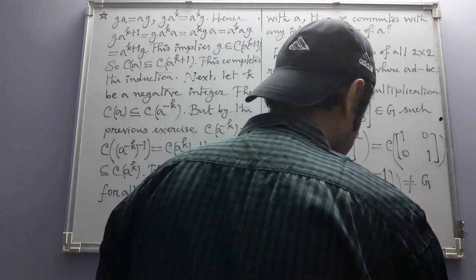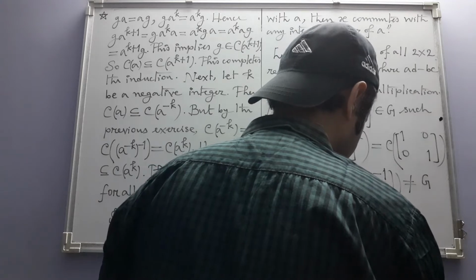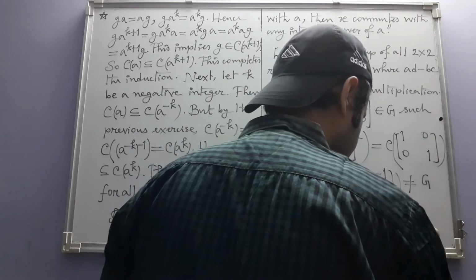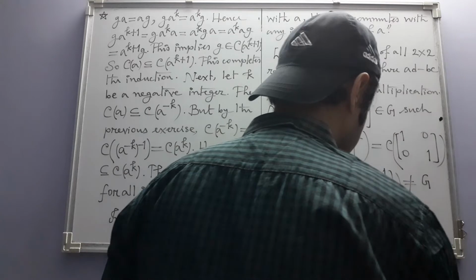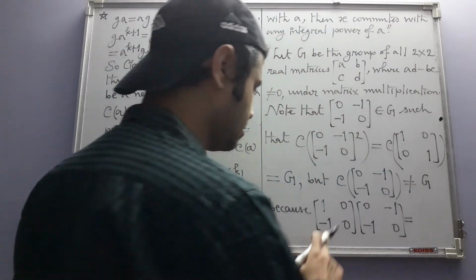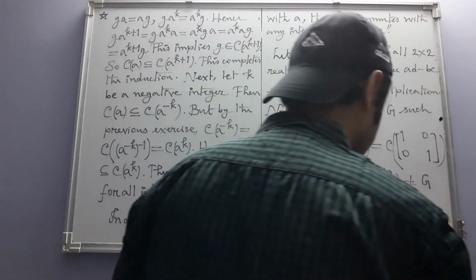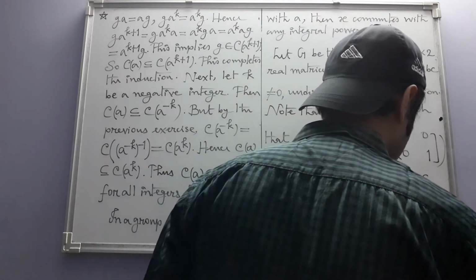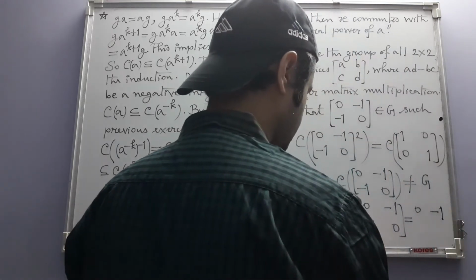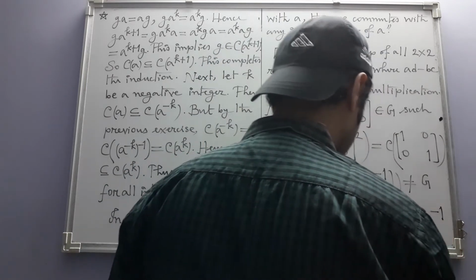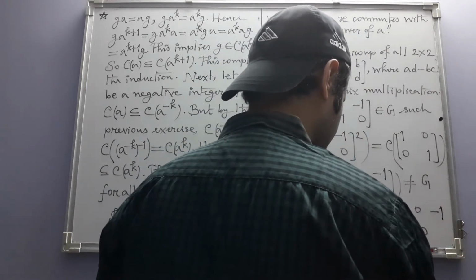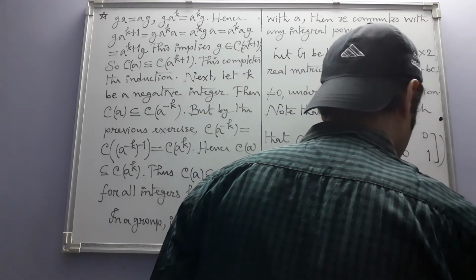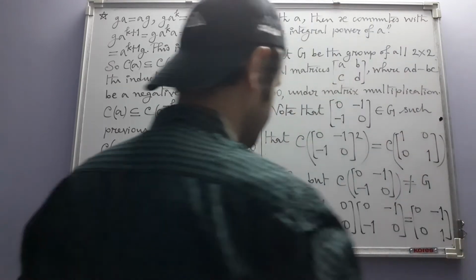Let's actually calculate the product, this one and the other one also, to see that they are different. 0 plus 0, 0, minus 1 plus 0, minus 1, 0 plus 0, 0, 1 plus 0, 1.